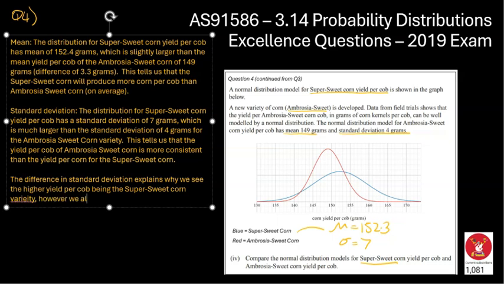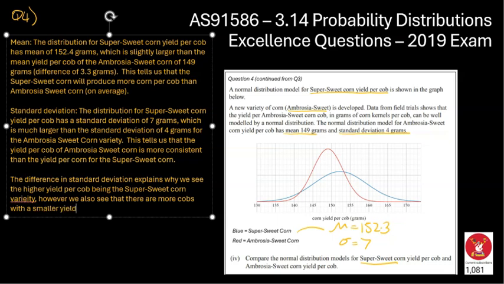However, we also see that there are more cobs with a smaller yield from the super sweet corn variety. So that's a bit interesting. That's kind of the opposite of what we were saying before.